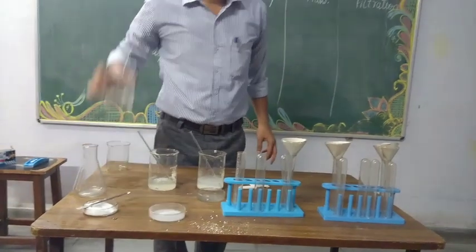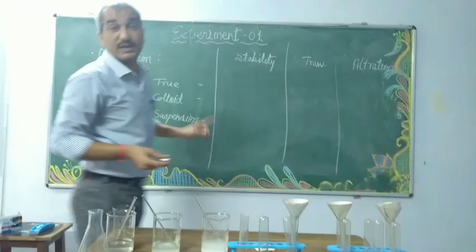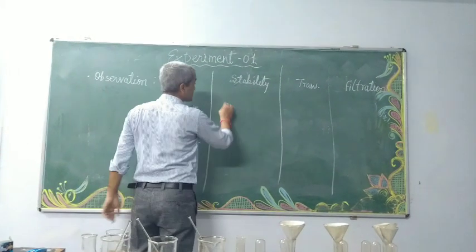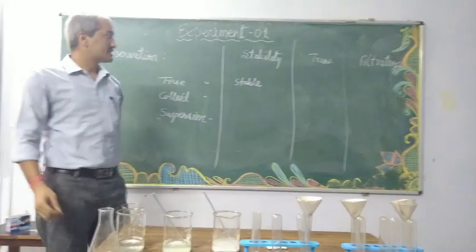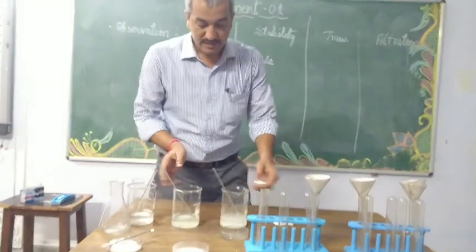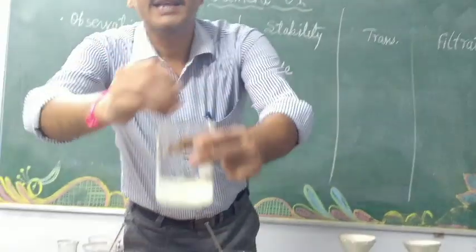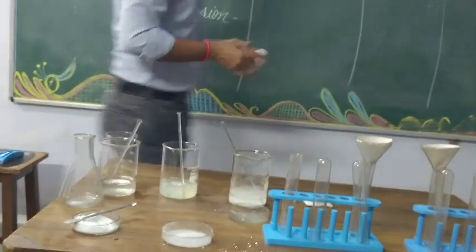No solid particles are seen in the solution. That means we can say that this true solution is stable. Then again we have this colloid. You cannot see the solid particles, so this colloid is also stable.